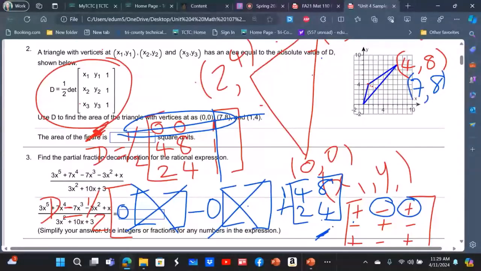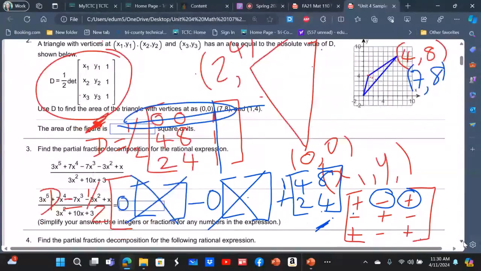Let me make sure the other coordinates are good too. The coordinate here is 4, 2, the coordinate here is 2, 4, and the coordinate here is 0, 0. Okay, so let me go back and fix this one.